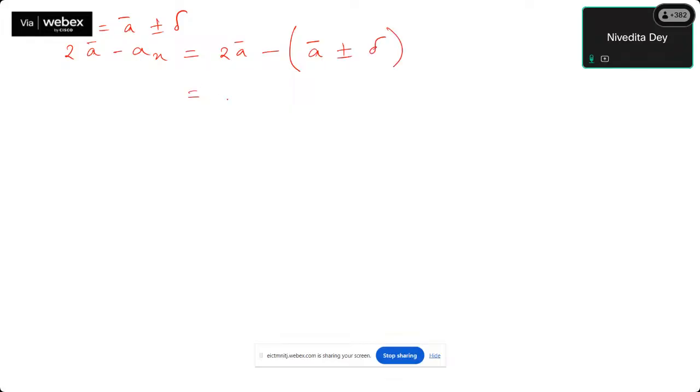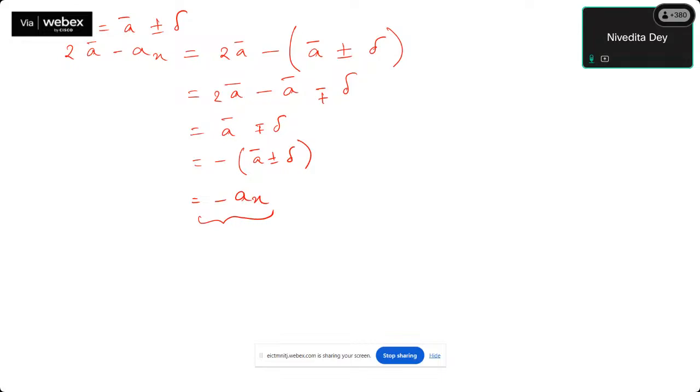So this is A bar minus or plus delta, or it is like minus A bar plus or minus delta, which is nothing but minus ax. This is the same thing. We can write ax as A bar plus or minus delta.